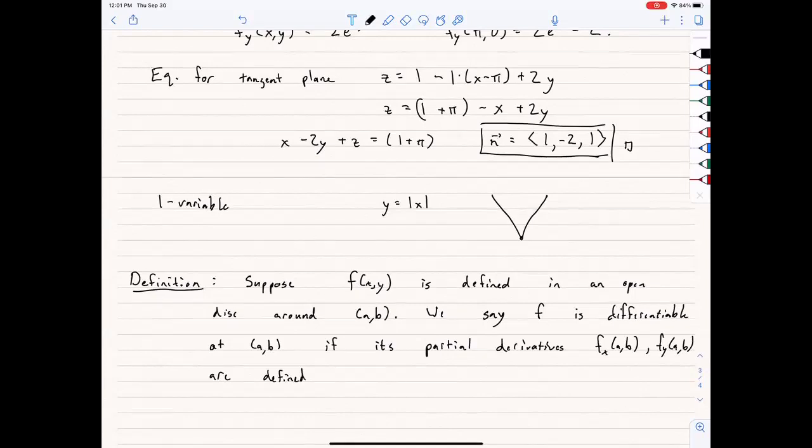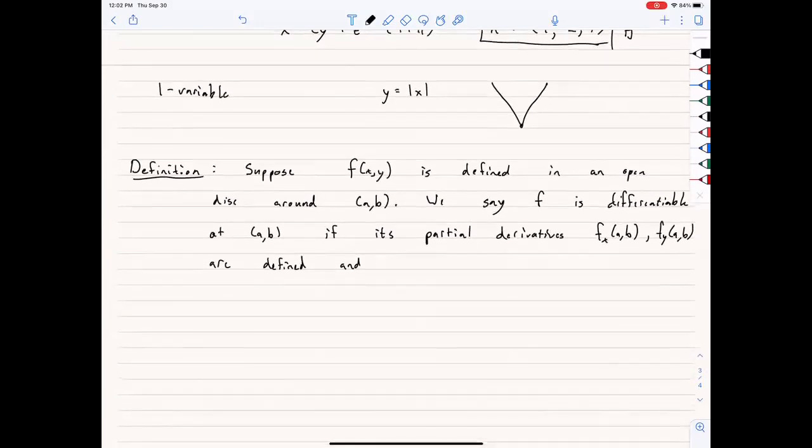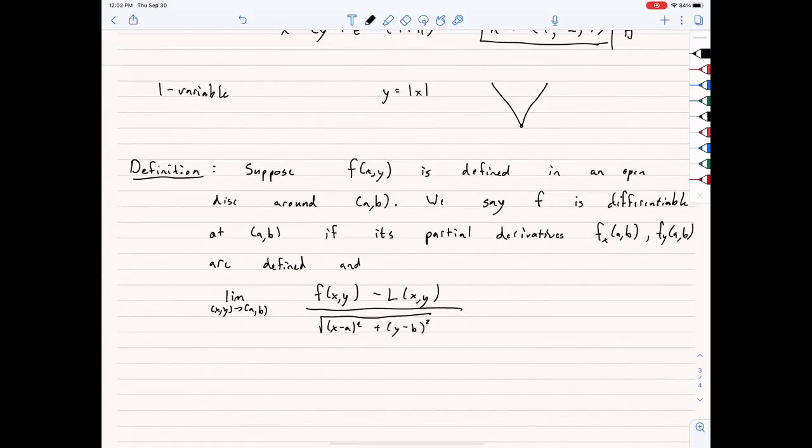And when you look at the linear approximation, you have the following limit. The limit as (x, y) approaches (a, b) of f(x, y) minus L(x, y), over the square root of (x minus a) squared plus (y minus b) squared, equals 0.